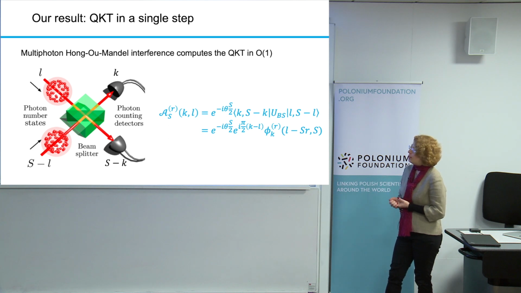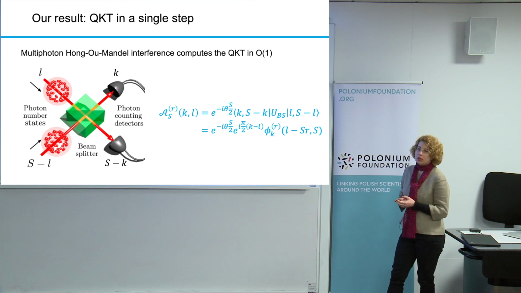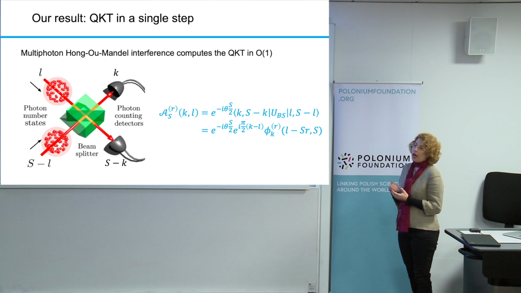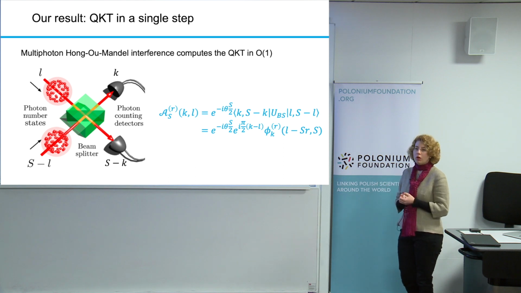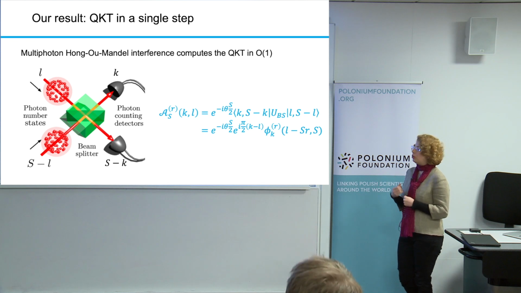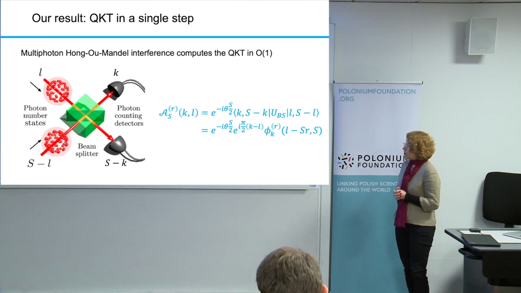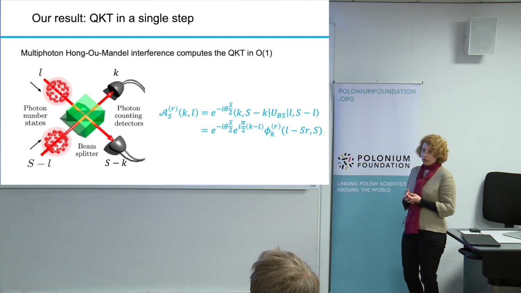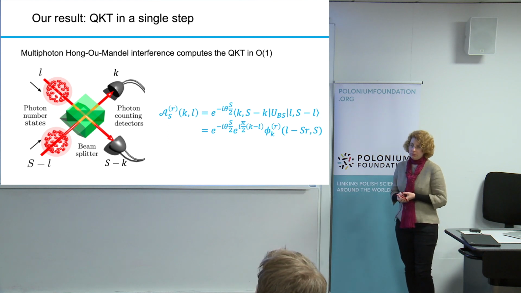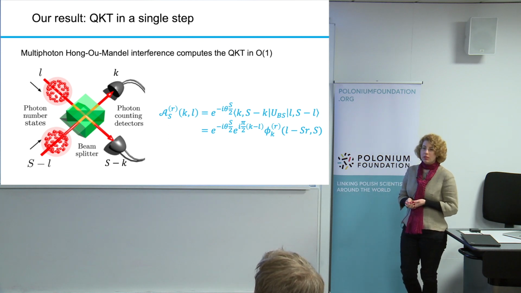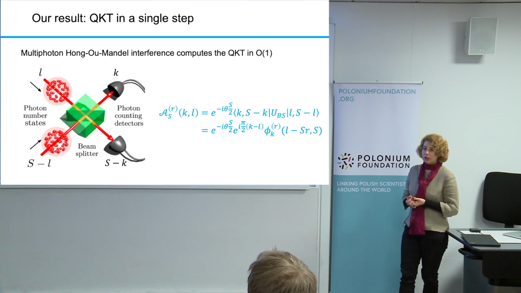You impinge them on a beam splitter, and then by employing the newest achievements such as photon counting detection, you read out how many photons came out to the left, how many photons came out to the right. I should mention that photon counting detection is one of the biggest achievements in quantum technology.